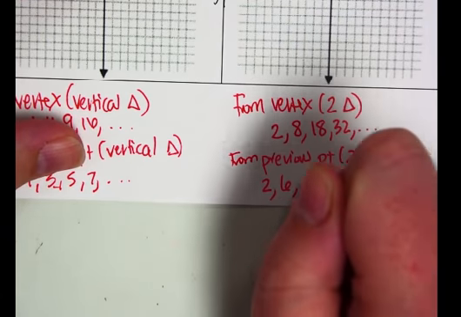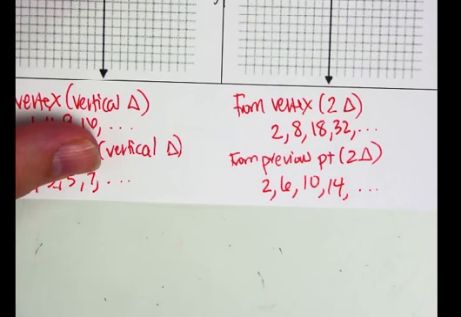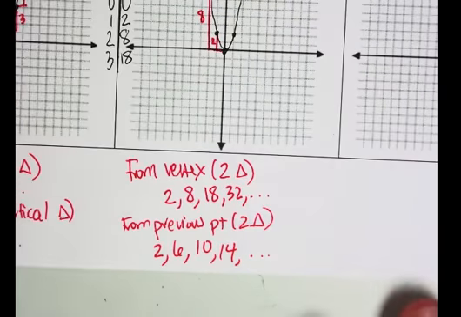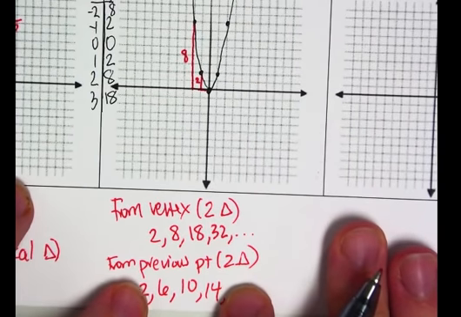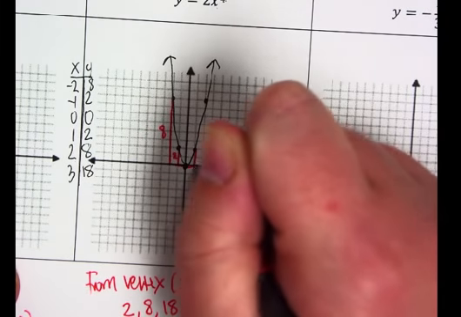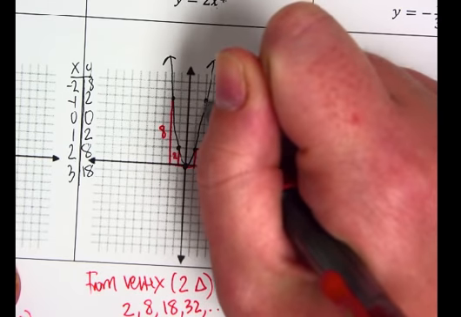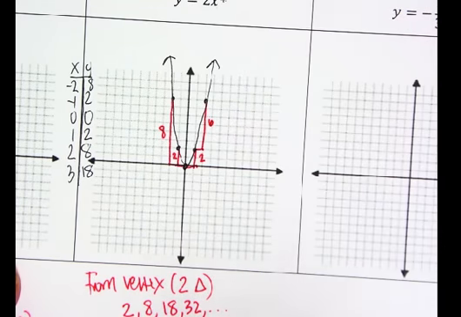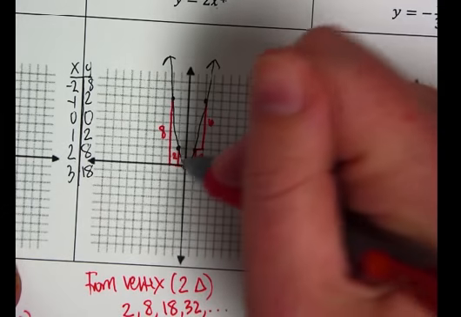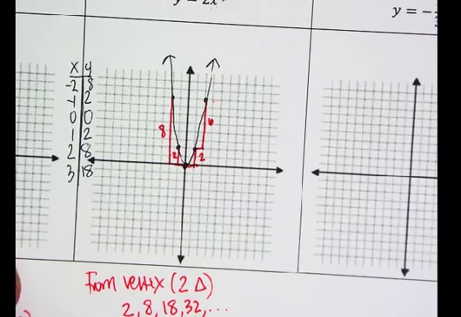We went up 5, so now we'll go up 10, up 14, and so forth. Okay, so 2, 6, 10, 14. From our vertex, the first time we go over, we go up 2. And then from that point, we can go over 1, up 6, and then we can go over 1, up 10, and so forth.